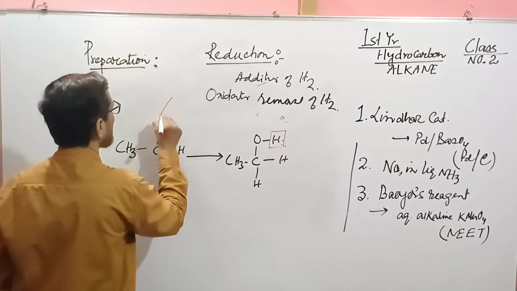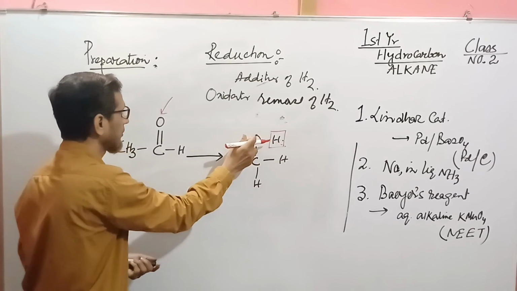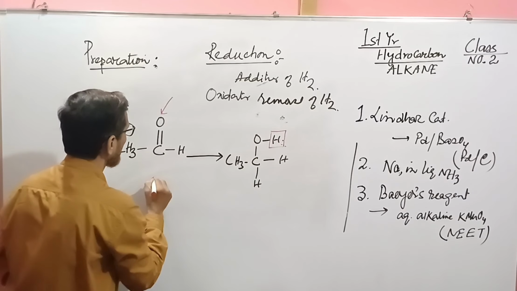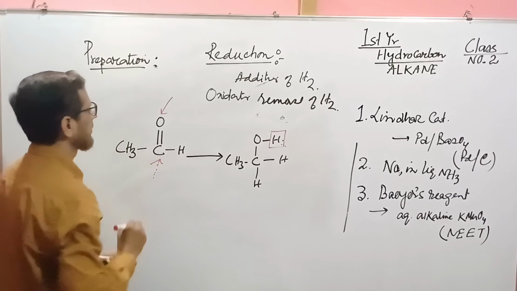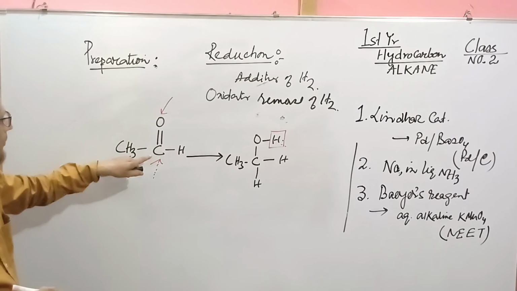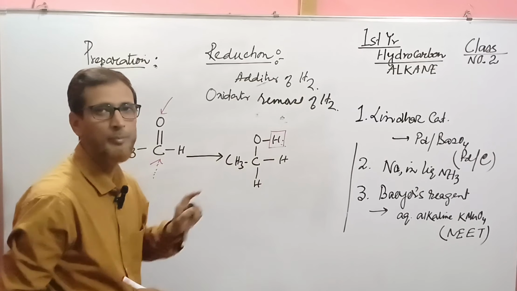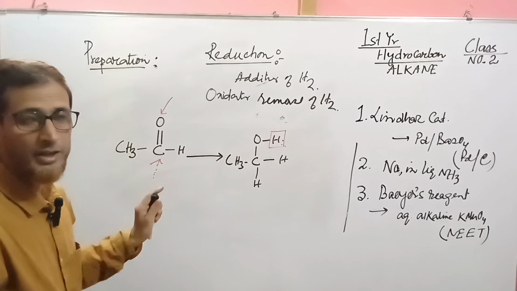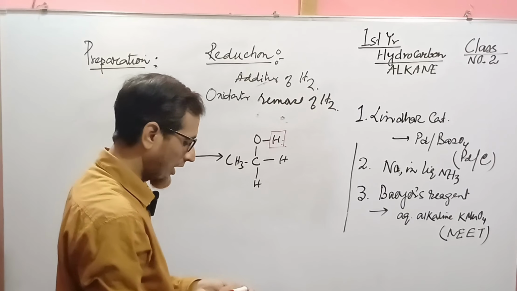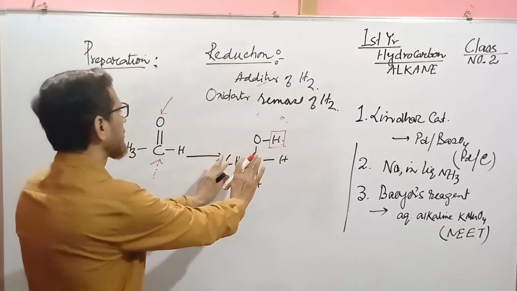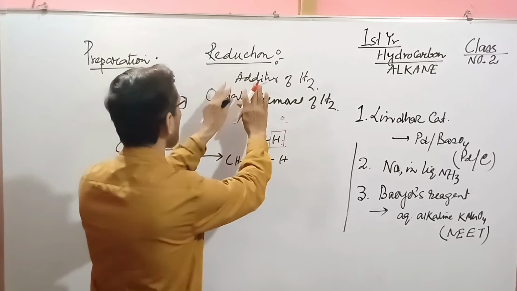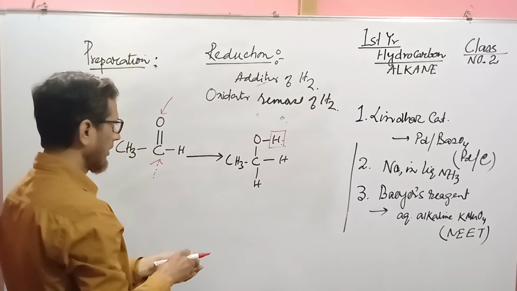One hydrogen is added to oxygen, and the other hydrogen is added to that carbon. So addition is always at carbon and that oxygen. So we have got this. Am I right? This is not mechanism. This is the trick I am showing, how we have got the result. This is addition of hydrogen. Reduction means addition of hydrogen.